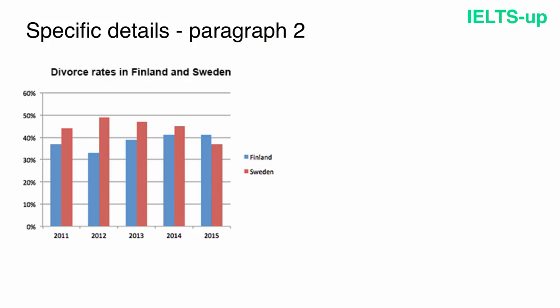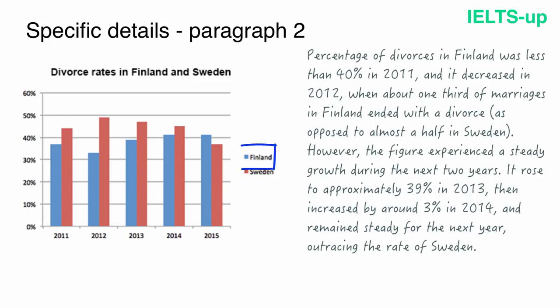And now we move on to the second paragraph with Finland's specific features. And here is how I wrote it. "The percentage of divorces in Finland was less than 40% in 2011, and it decreased in 2012, when about 1/3 of marriages in Finland ended with a divorce, as opposed to almost a half in Sweden.